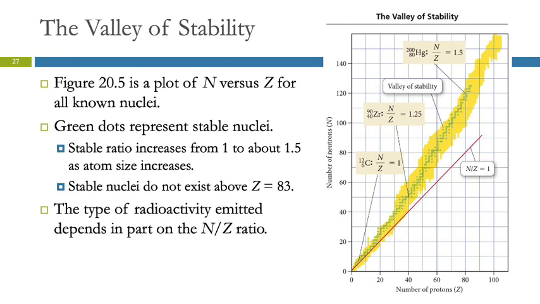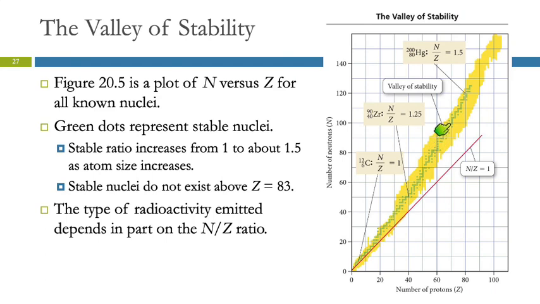The green dots represent stable nuclei. So yellow is all of them, and the stable ones are the green ones. So we see there's a pattern here. Down here, the ratio is close to 1, and as we get higher and higher in number of protons, the ratio increases to be significantly above 1.